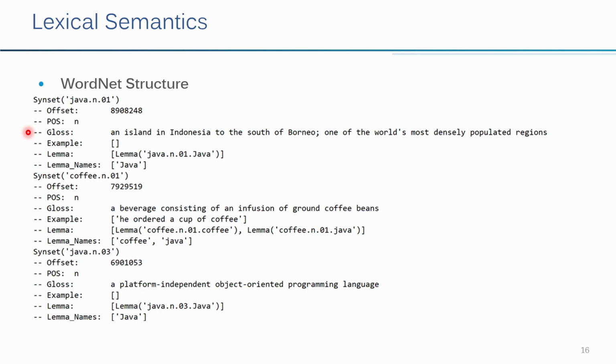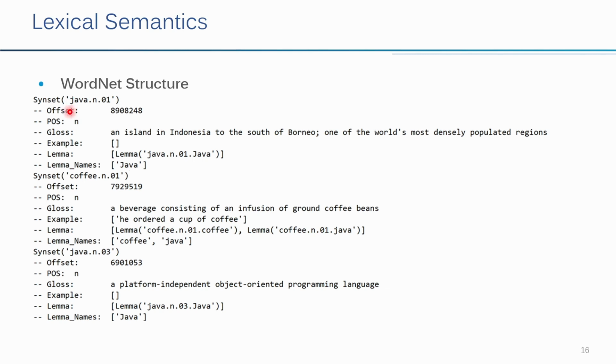So you can explore quite a few neat alternatives for how to work with these attributes. At the end of the class, hopefully we'll be able to see a couple of them. Not every single synset has an example. In this case, this first one has none, and then this synset for coffee, which is part of this synset right here, has 'he ordered a cup of coffee,' and so on.